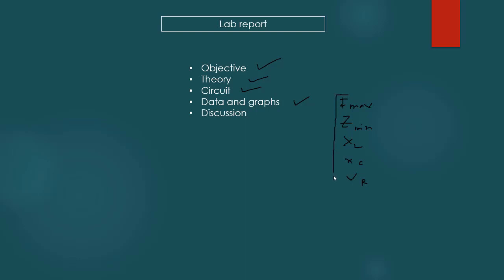The graphs of VR versus F and I versus F should be in your lab report, and finally you should include a simple discussion part. So this is the theoretical aspect of this experiment. Now we will learn to implement this experiment in PSpice schematics.